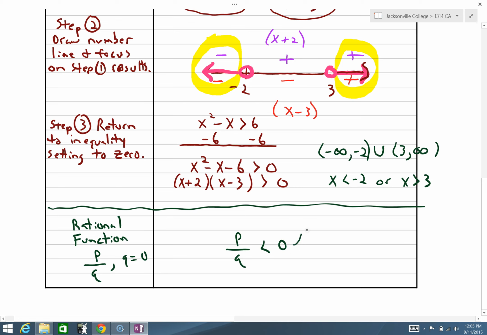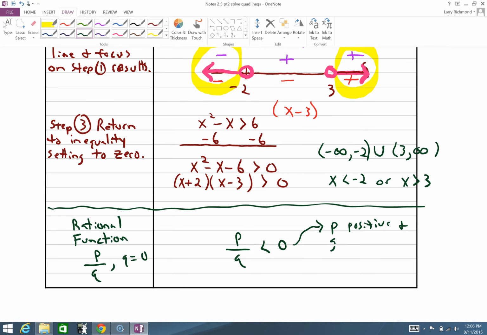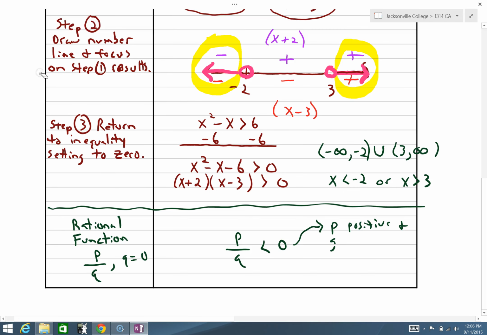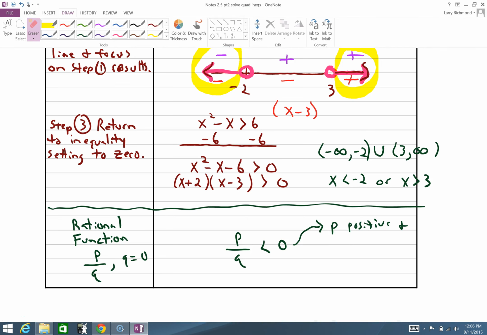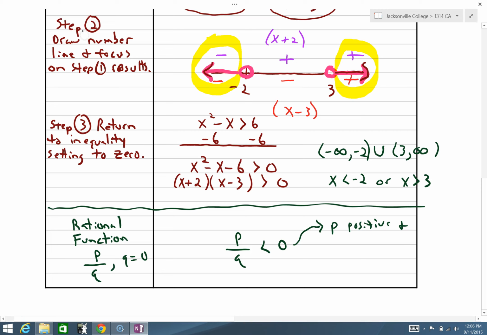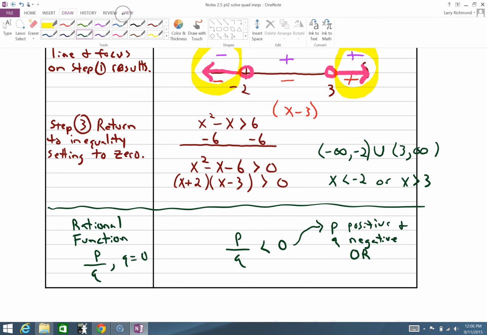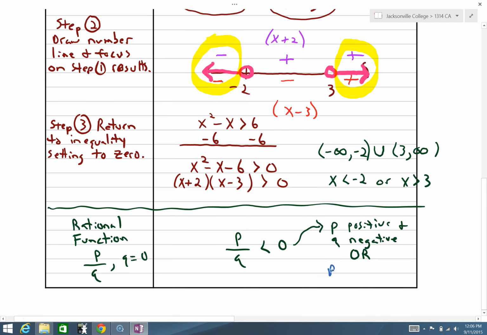Here I would set p positive and q negative, or p negative and q positive.